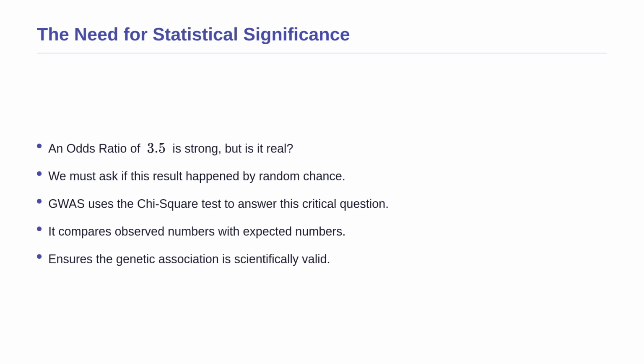To answer this, genome-wide association studies use the chi-square test. This test evaluates whether the difference between the numbers we actually observed and the numbers we would expect to see by pure chance is statistically significant. By applying this test, we ensure that the genetic associations we find are robust, reliable, and not just a random fluke in the data.